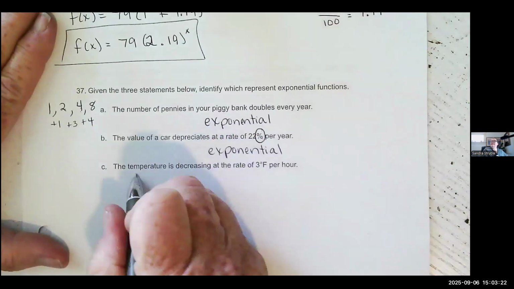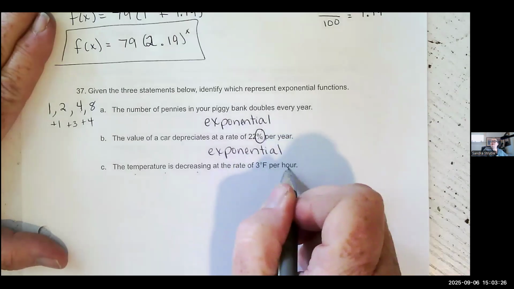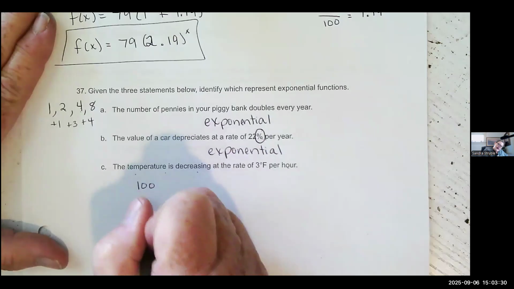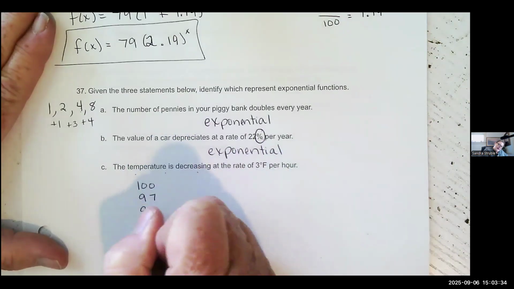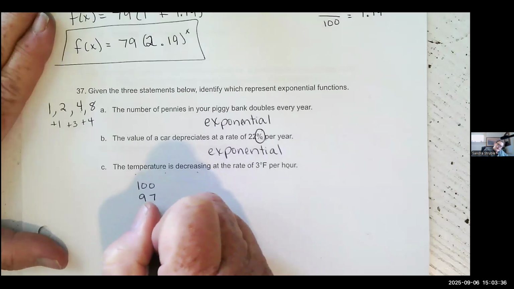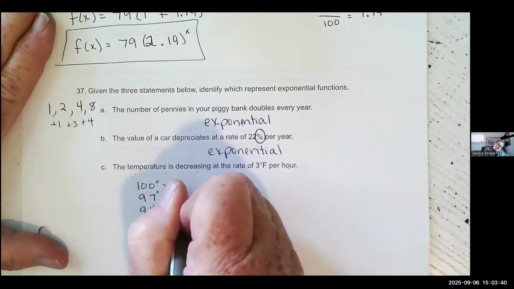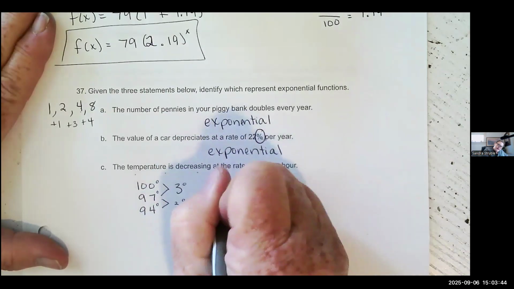And then lastly, the temperature is decreasing at a rate of 3 degrees per hour. So that means if it is 100 degrees, the next hour it's 97 degrees, and the next hour it's 94 degrees. Notice in between each of these, it is 3 degrees. This is linear. This is not exponential.